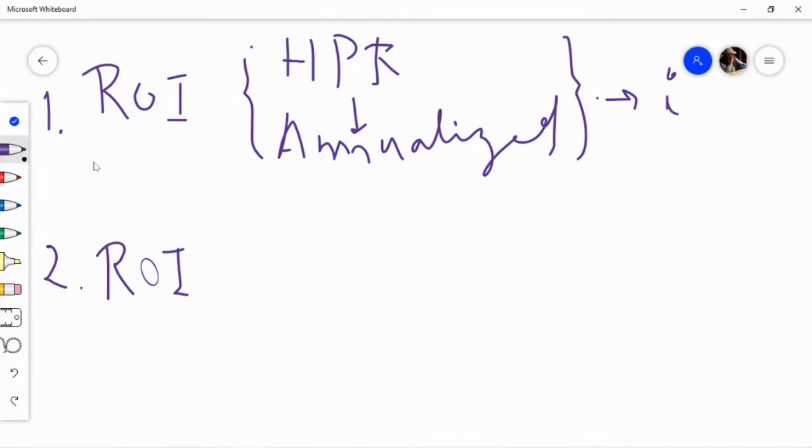In other words, how do we define return on investment from a company's perspective? And to understand that, we had to go into the fundamental analysis. Fundamental analysis means, basically, analysis of the balance sheet and income statement.